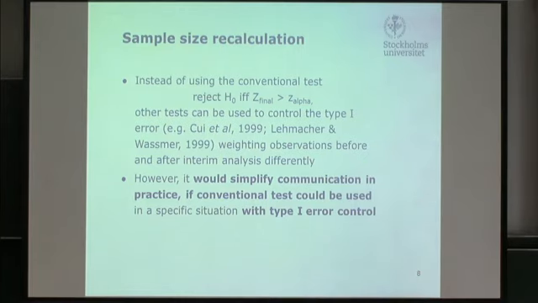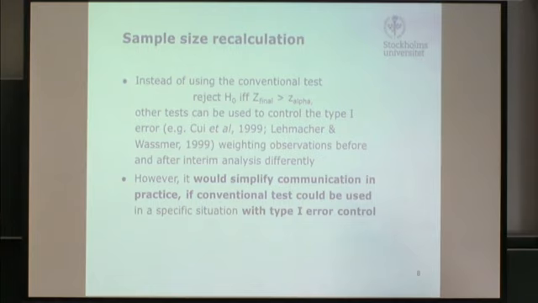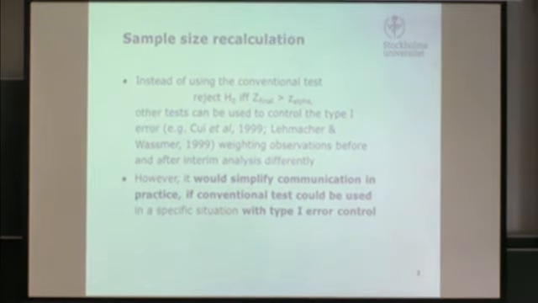But then, if you apply this method, you ensure the control of the type 1 error. And then other possibilities exist. For example, that you keep the conventional statistic here, but you adjust this value. So you can deal from the statistical mathematical perspective easily with it.